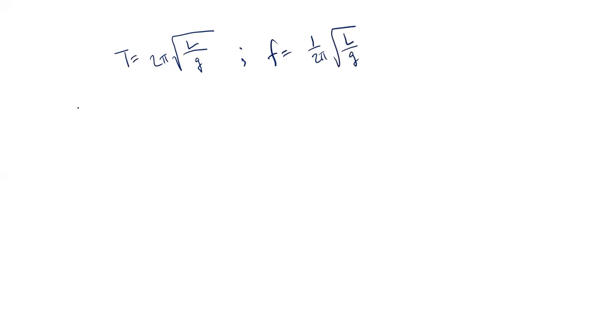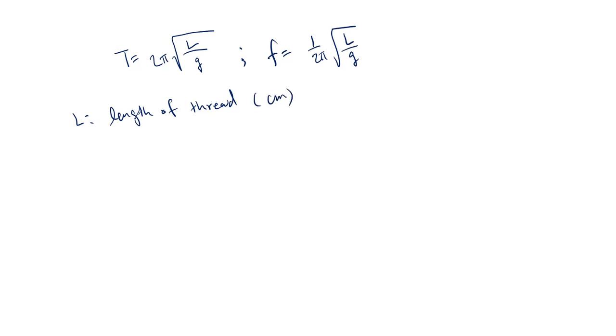Here, what is L? L is the length of the thread or string, and that is maybe in meters or centimeters, whatever you may use. In this case we use centimeters.